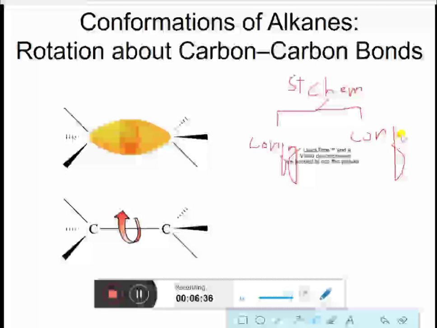In configuration, we have discussed the geometrical cis-trans isomers, and then the optical isomers. And then we have also discussed conformation. Whether it is configuration or conformation, they are all stereoisomers.